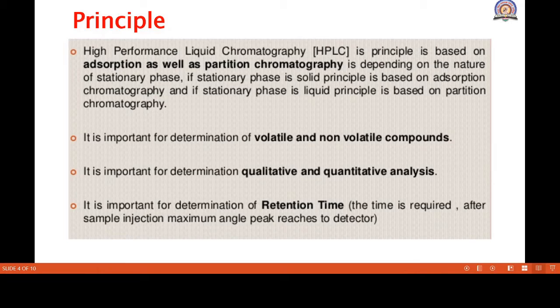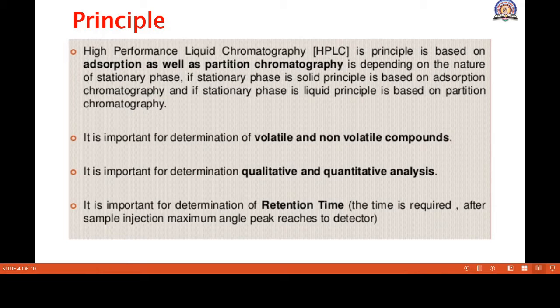The principle is based on adsorption as well as partition chromatography, similar to gas chromatography, depending on the nature of the stationary phase. If the stationary phase is solid, it is based on adsorption chromatography, and if the stationary phase is liquid, it is based on partition chromatography.